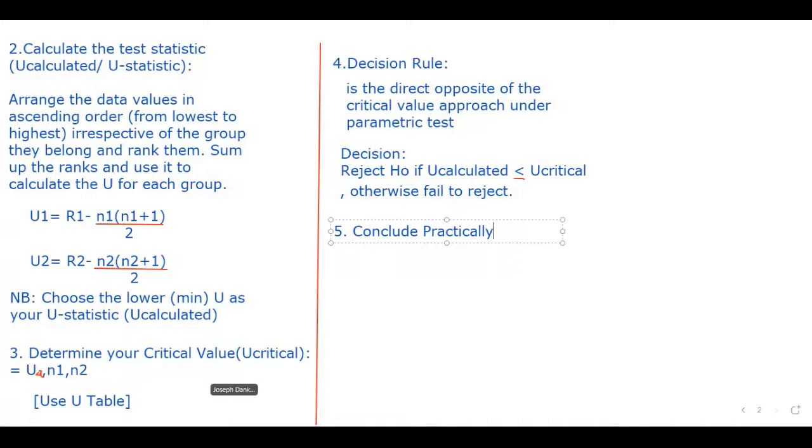So these are the steps involved in conducting a hypothesis test under the Mann-Whitney U test. Do you have a question before we move on to solve? No. Okay, let's move on.